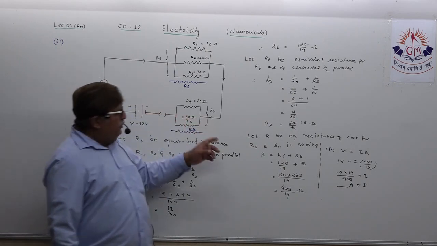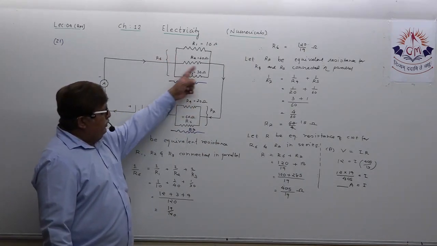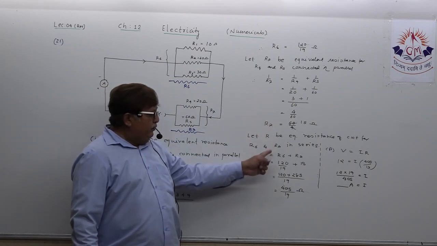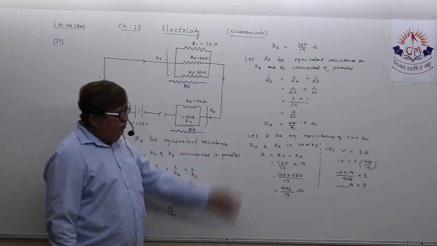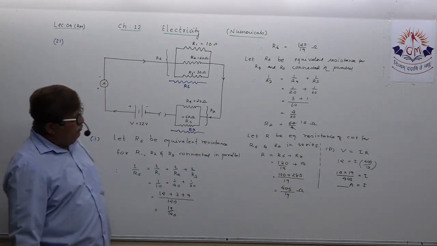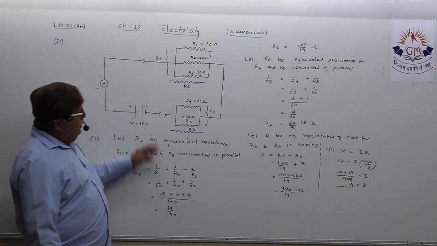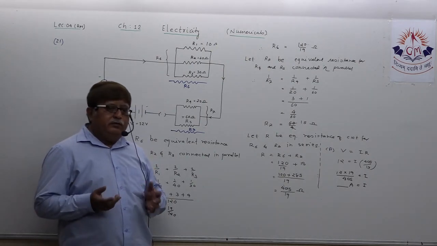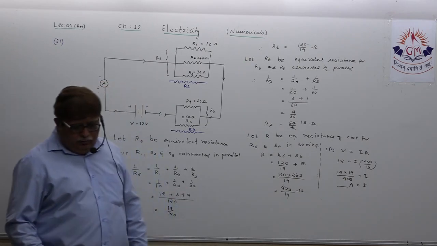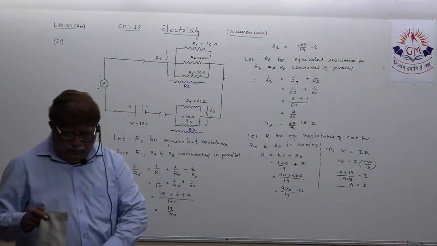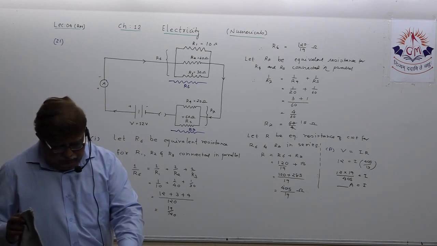R6 means the total of this, R7 the total of this, then both will come in series connection, and then, simple calculation, you can do it by yourself. So this way you can be given in the exam such an assembly of 5 resistors which you have to calculate. Okay, so this way also numericals can be asked to you.